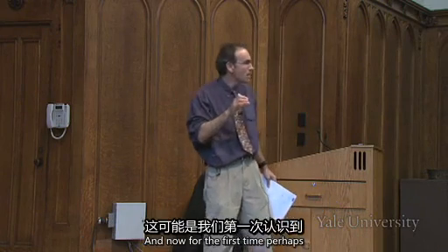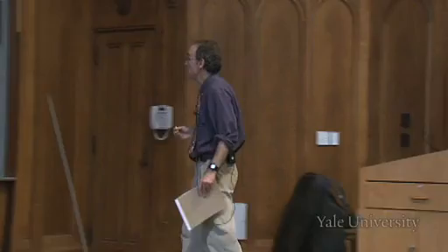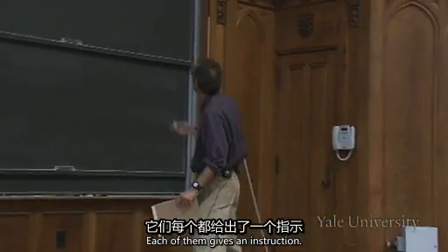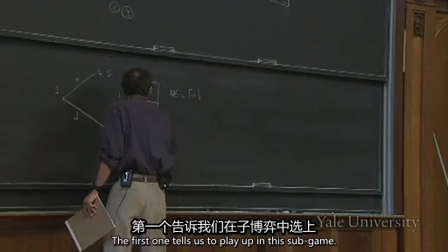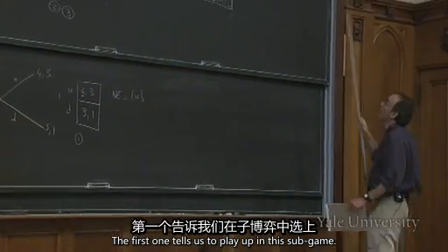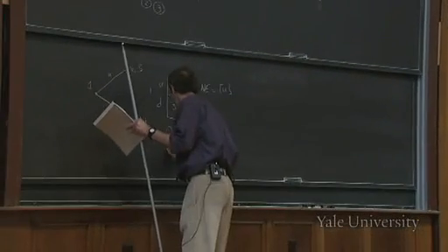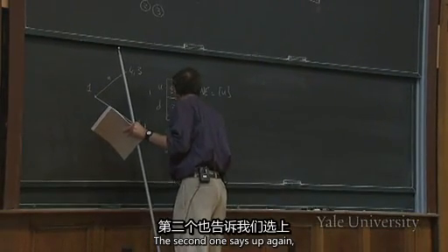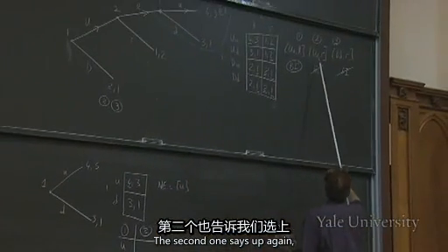And now, for the first time perhaps, we're going to see why that redundancy helps us. All right? So let's look at the instructions. Each of them gives an instruction. The first one tells us to play up in the subgame. The second one says up again.